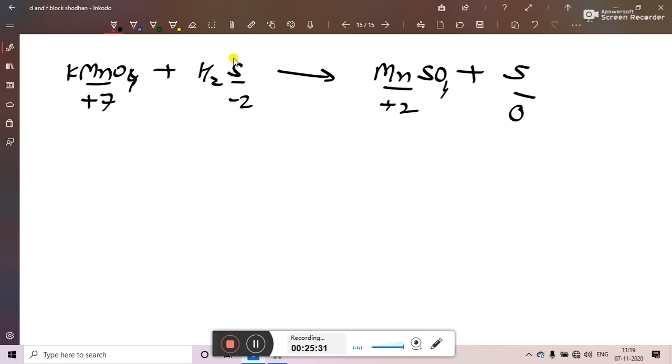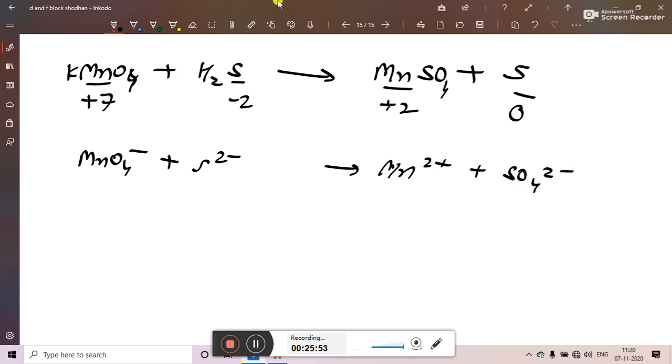So here we will see that MnO4 minus will undergo reduction to form Mn2 plus, and sulfide ion of H2S is getting converted into sulfur atom. So sulfide is getting converted into sulfur.